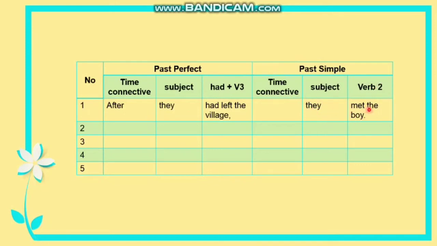Oke, so yang pertama kali terjadi di antara 2 kejadian ini adalah they had left the village. Ini yang terjadi duluan ya. Kemudian setelah mereka meninggalkan desa, baru mereka ketemu dengan pygmy boy tadi. Oke, dan selanjutnya silakan dikerjakan sendiri.